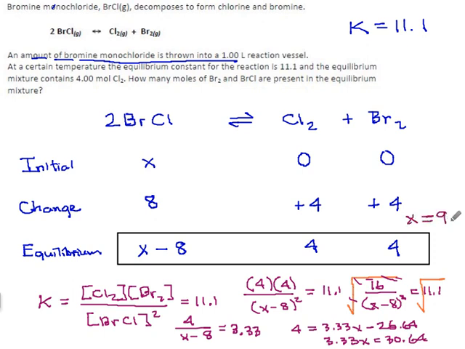X equals 9.20. Now, that's not the answer. 9.20 is the initial amount up here. But what they're asking for is how much BrCl is present in the equilibrium mixture down here. So to finish this, you actually have to do 9.20 take away 8, and you get 1.20. That's the value they wanted.